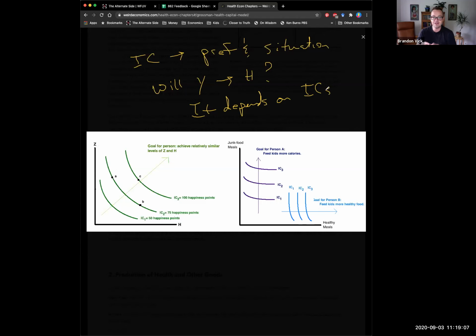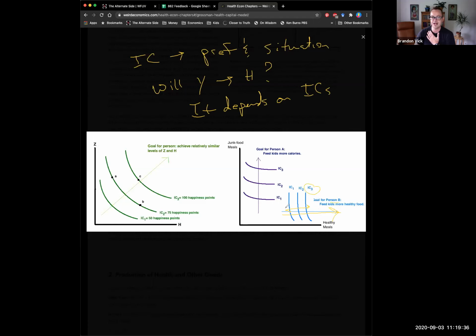If I have preferences towards spending and achieving greater health, then I will put that income towards more healthy things based on my preferences. Go back and do a review on indifference curves, but very briefly, my goal is to achieve the highest indifference curve I can.